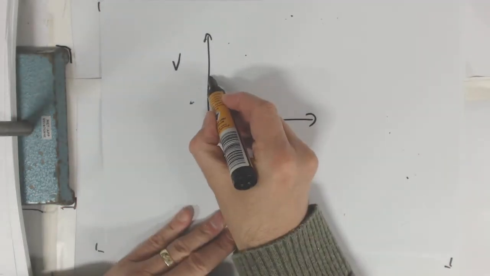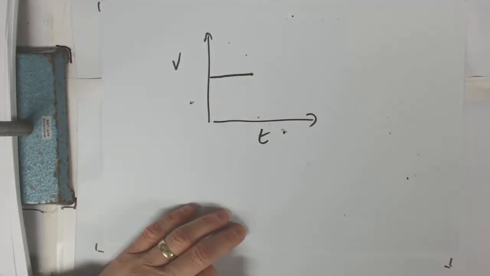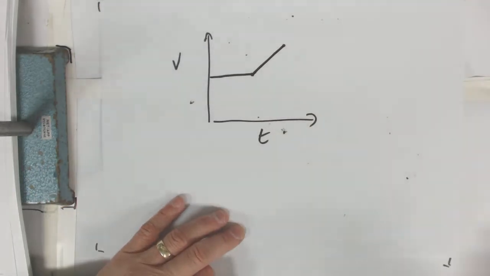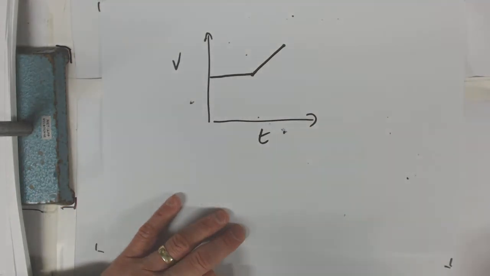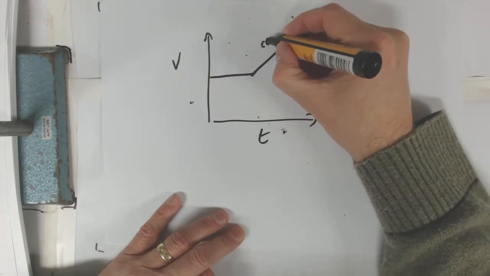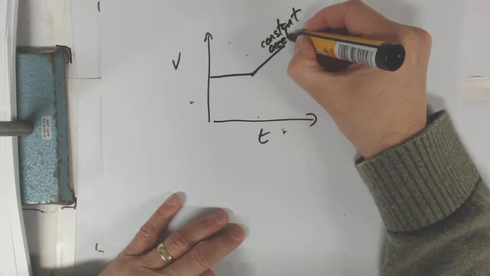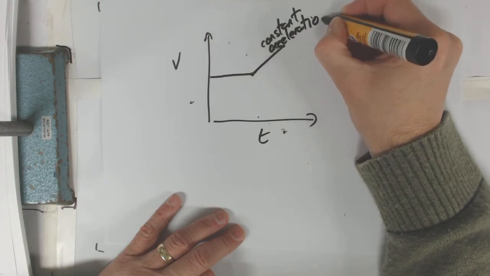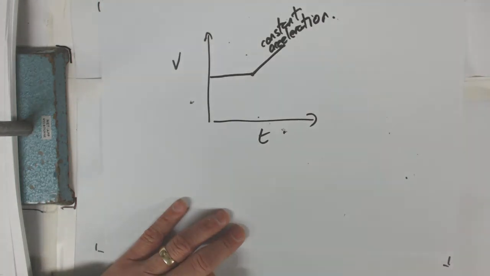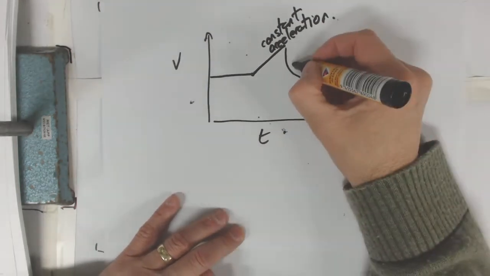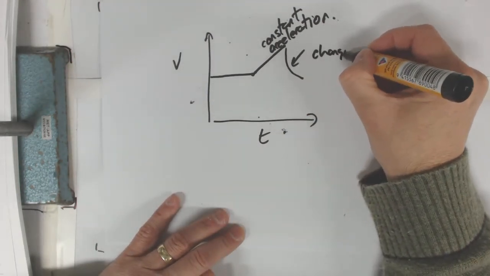Now on a VT graph, a horizontal line was a constant speed, whereas a constant slope was a constant acceleration. Whereas a curve like that, that's a changing acceleration.